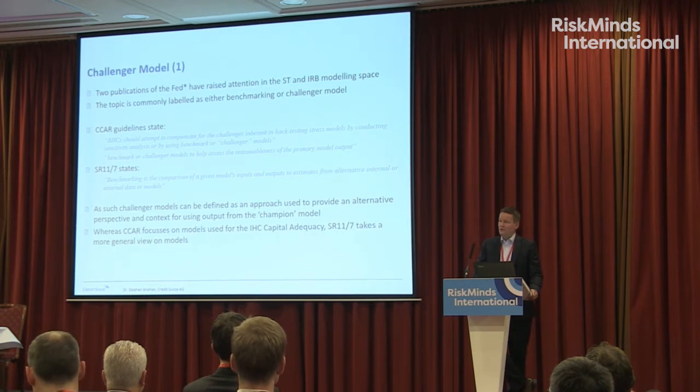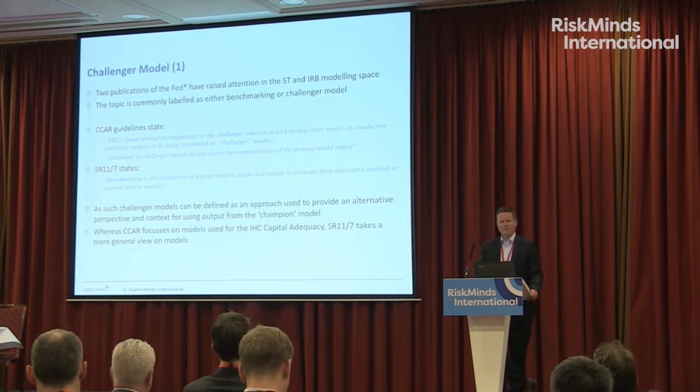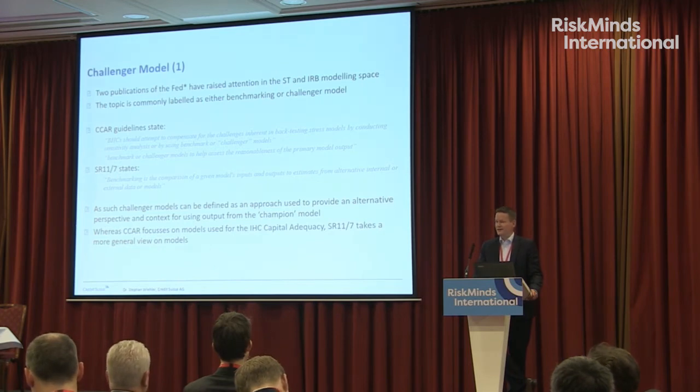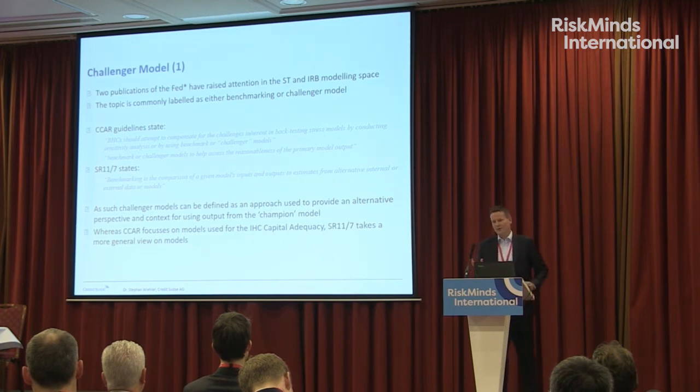And the pure fact that maybe your challenger model gives a higher output or a lower output is completely irrelevant. It's the process behind it. You have to struggle with both results. You have to explain why it is higher or why it is lower, to identify shortcomings of your champion approach. And what you sometimes hear is, oh, that's a good approach, let's put it in a policy, how we deal with challenger models.